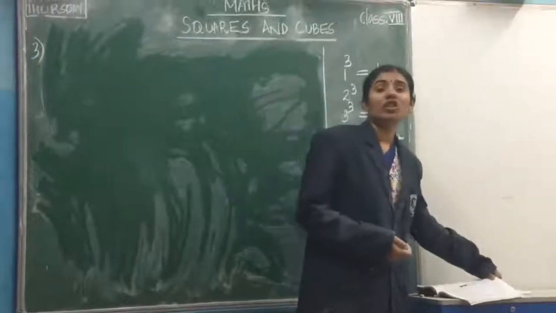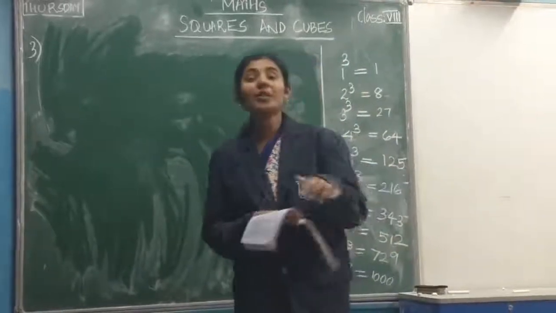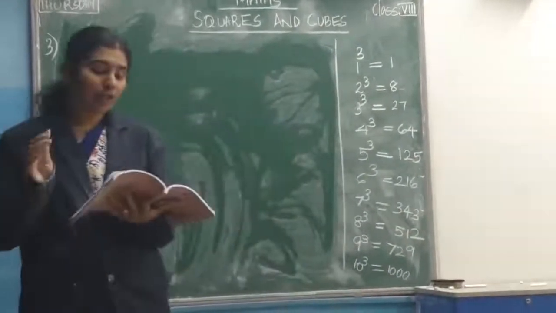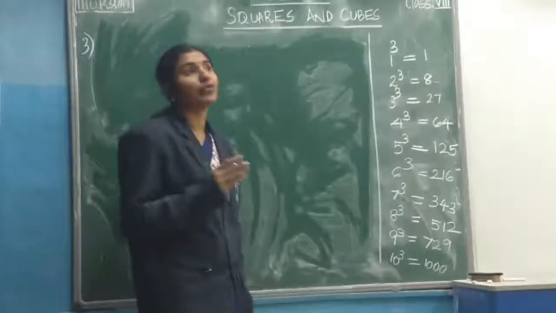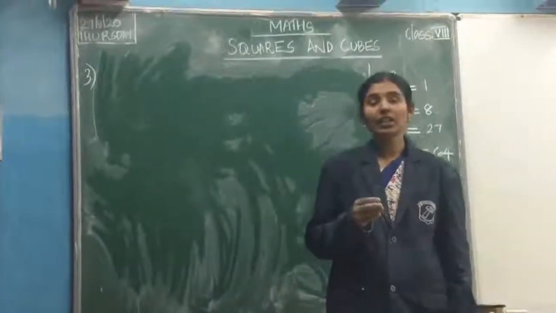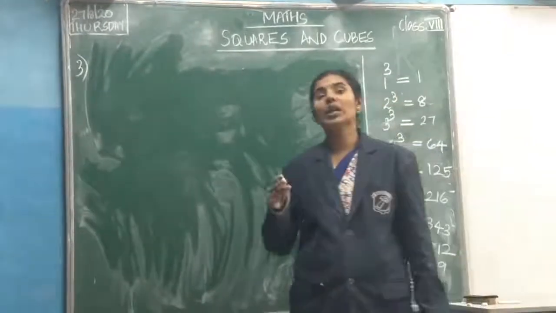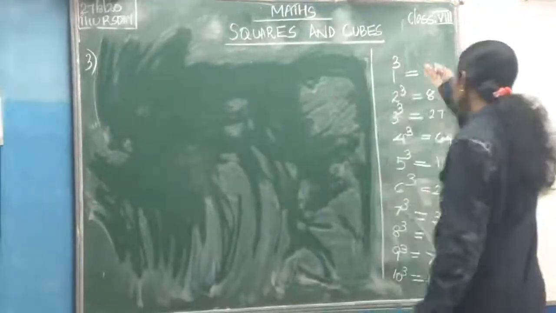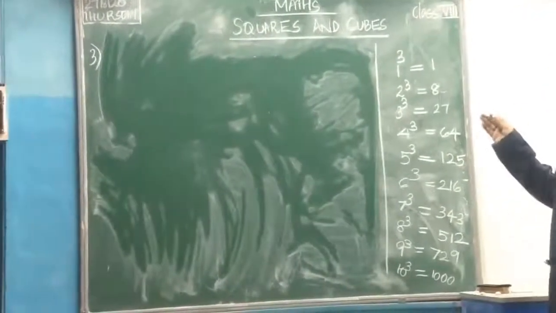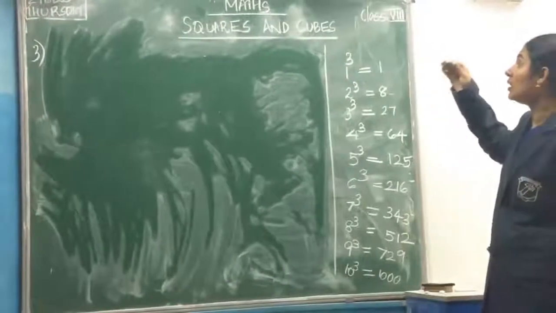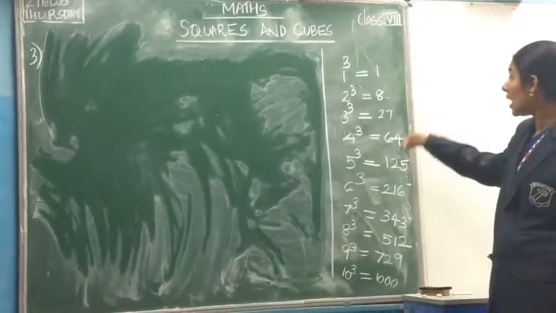Now the next question is, how many perfect cubes from 1 to 100? How many perfect cubes will be there from number 1 to 100? See these cubes. Which are the cubes you are getting from 1 to 100?